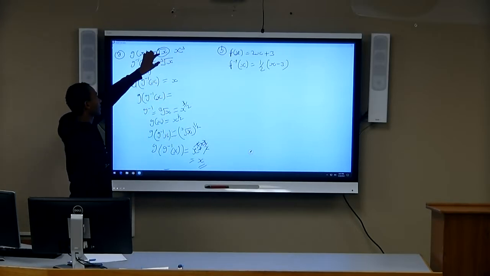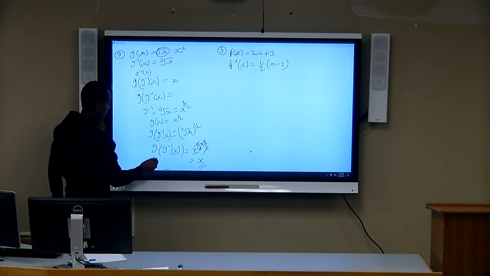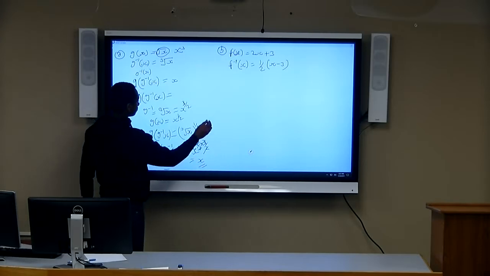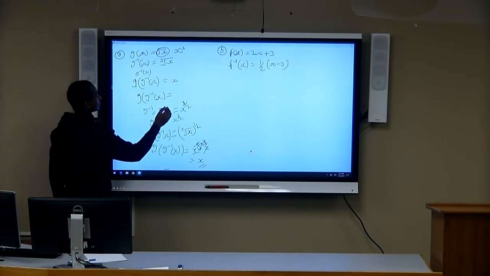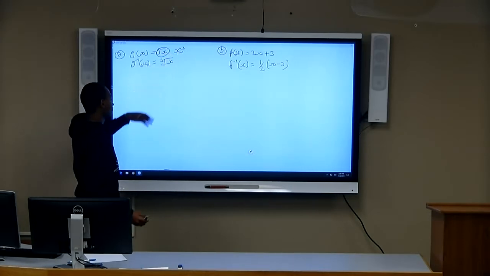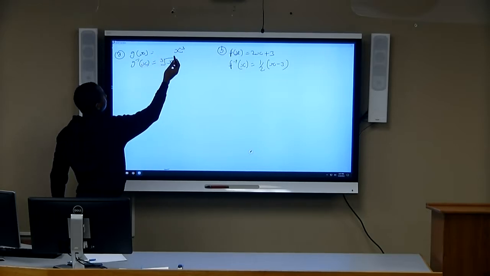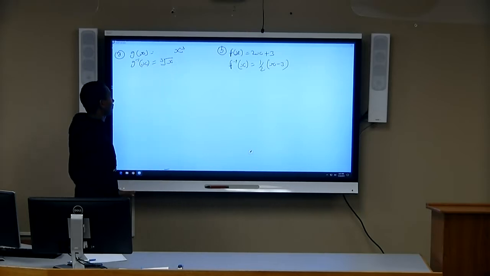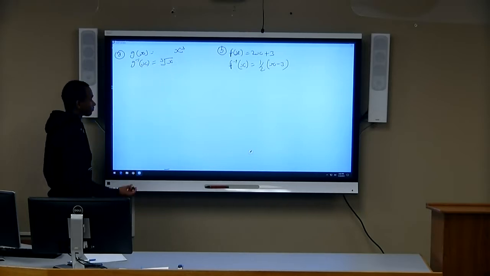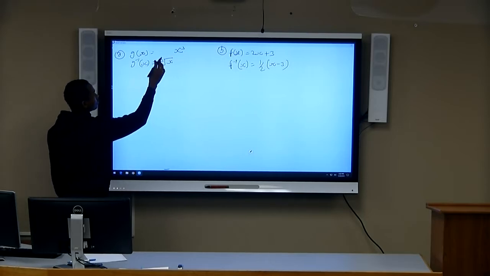I wrote out this question wrong. So it's the same method. I just put the wrong stuff in there, but it should be the same method.